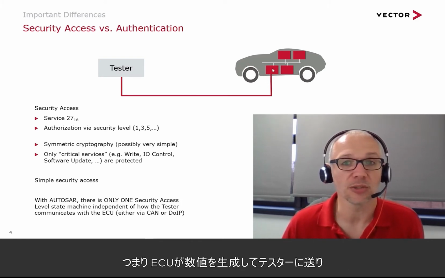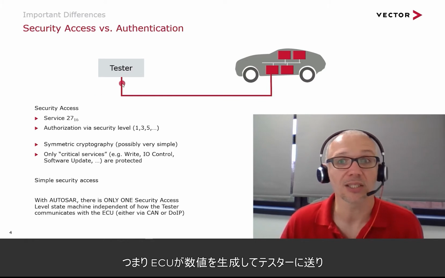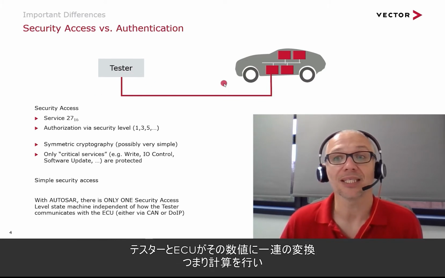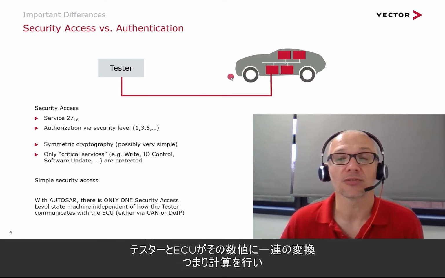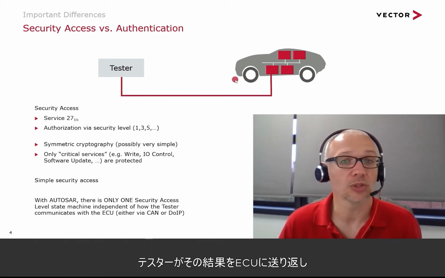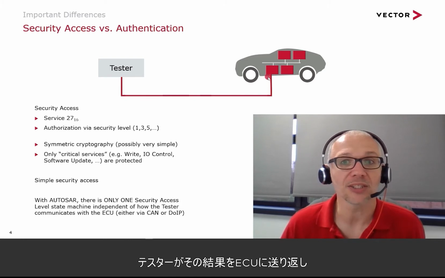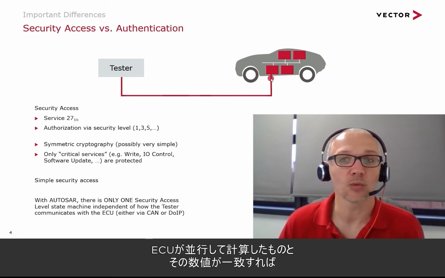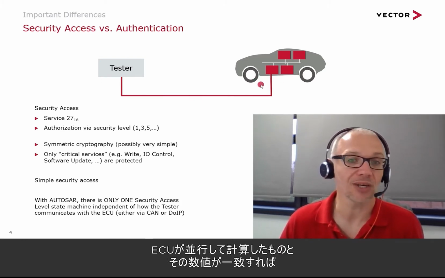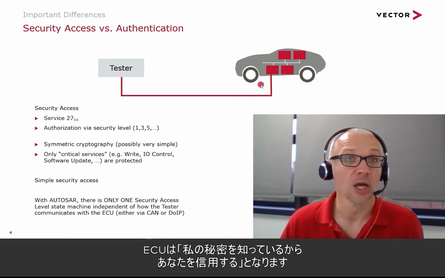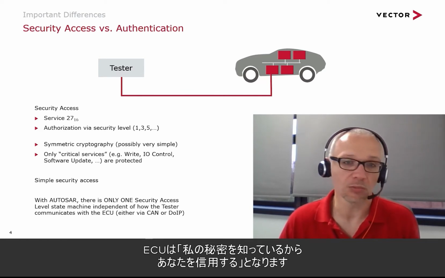So what happens is the ECU generates a number, sends it to the tester. Both the tester and the ECU apply the set of transformations or calculations to the number. The tester sends its result back to the ECU. If that number matches what the ECU has calculated in parallel, the ECU says, you know my secret, therefore I'm going to trust you.